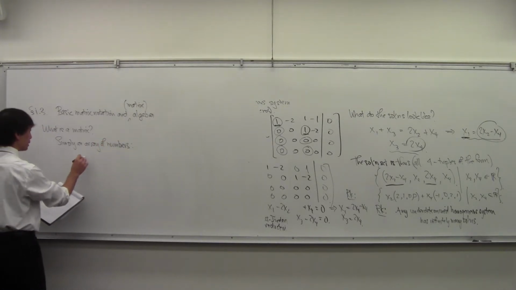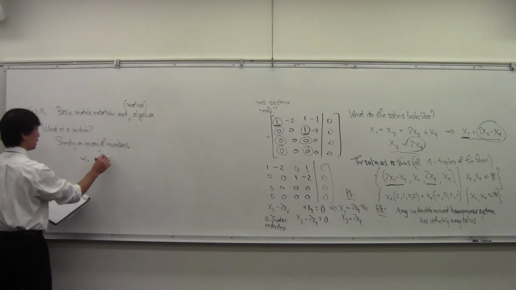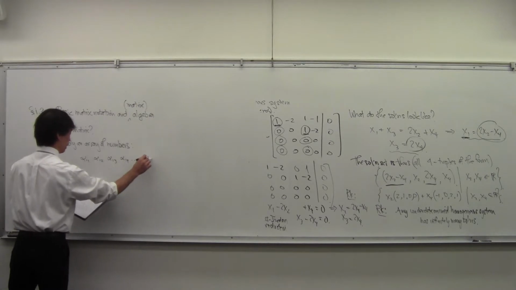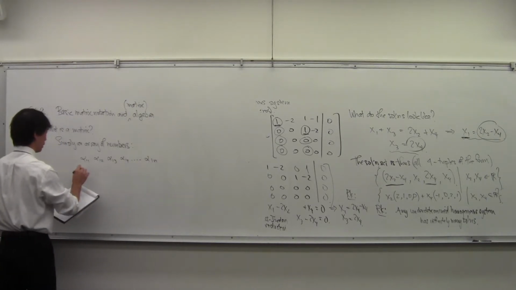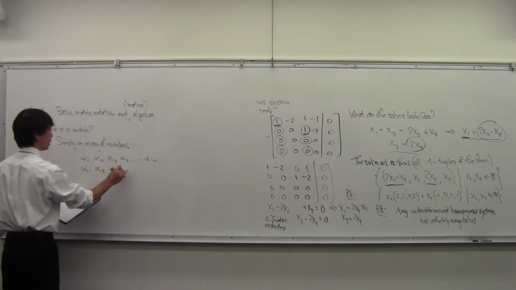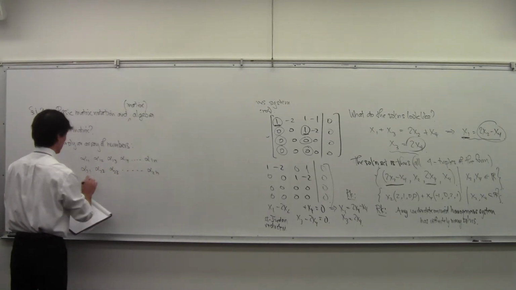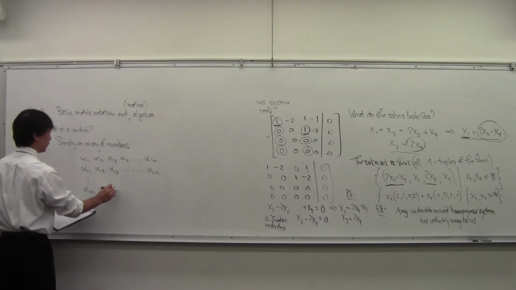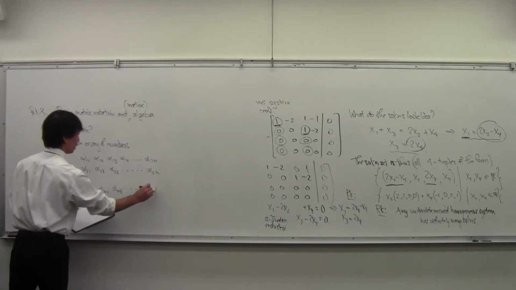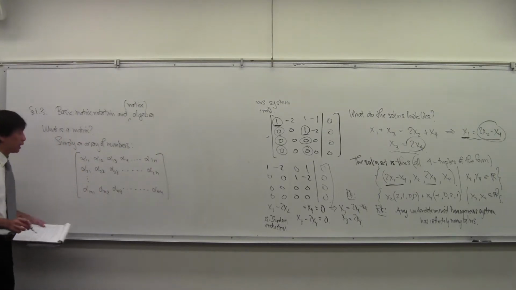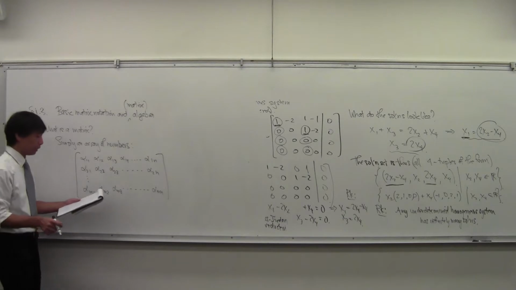So it'll be something that looks like this: alpha 1,1, alpha 1,2, alpha 1,3, alpha 1,4, up to alpha 1,n; alpha 2,1, alpha 2,2, alpha 2,3, up to alpha 2,n; and so on down to alpha m1, alpha m2, alpha m3, up to alpha mn.